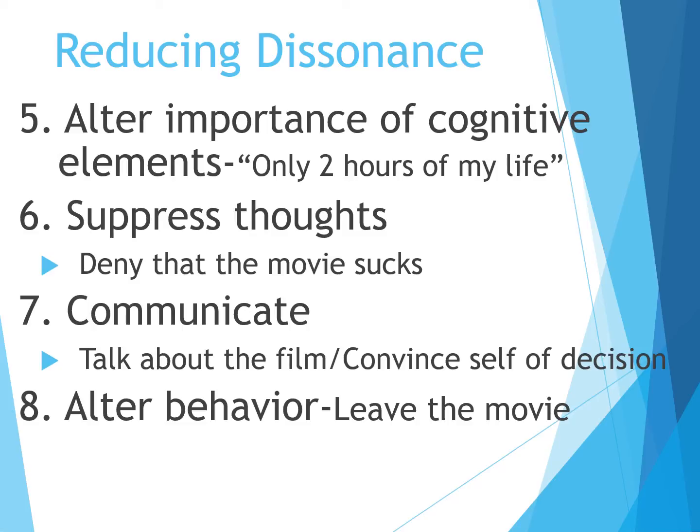So these are 8 different ways that people might reduce dissonance when they find that they are experiencing it. Obviously, in real life, we're oftentimes dealing with situations that are much more important, although I could definitely relate to this idea of going to a film that was disappointing as well.